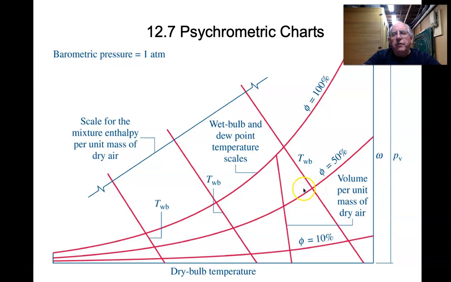And as you followed that across, as you're cooling down the mixture, you would then run into a point here on the 100% relative humidity line, and that point then would correspond to a temperature that would be the dew point temperature. And we've already defined the dew point temperature.